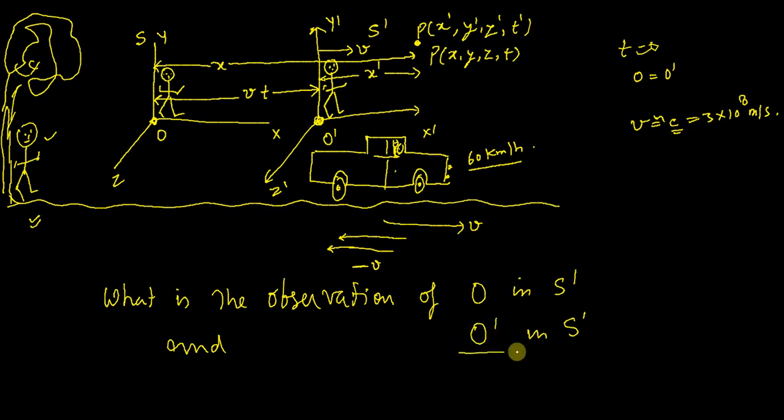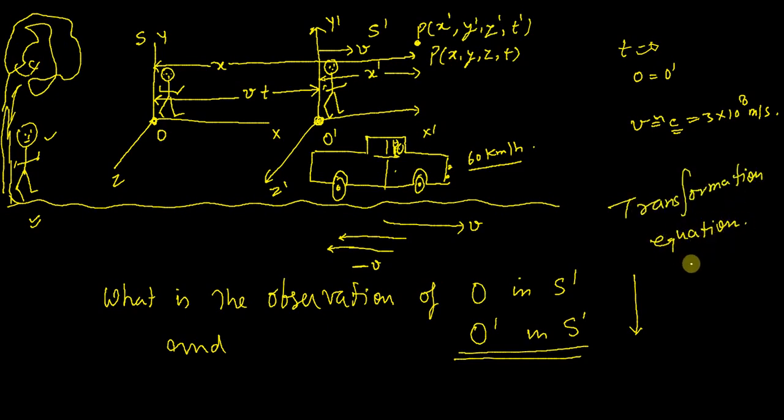This is the real one, the observation is true for this O prime, but how does this observer O look at the event in the S prime frame? So we have to develop a relationship, and we find that relationship with the help of some transformation equations or relationships between the coordinate systems, right? We have to discuss that here.